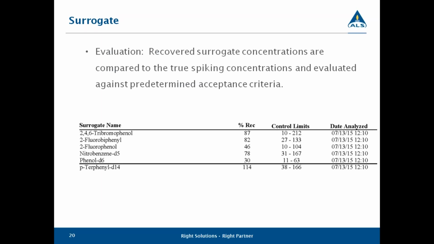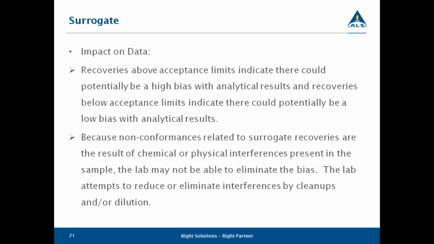Now, when we're evaluating, the recovered surrogate concentrations are compared to the true spiking concentrations and evaluated against predetermined acceptance criteria. You can see here we have good recoveries. So what's the impact on the data? Recoveries above acceptance limits indicate that there could potentially be a high bias with the analytical results, and recoveries below acceptance limits indicate that there could potentially be a low bias with the analytical results.